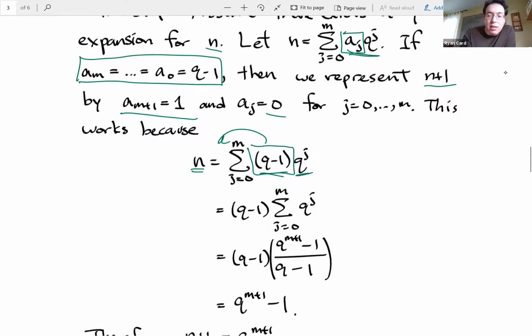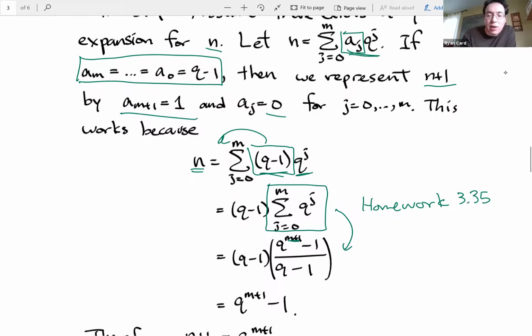And then here, I'm going to use your homework. I think this was homework problem 3.35. You prove this with induction. So if you add up all the powers of q from 0 to m, I think in the homework it was 0 to n minus 1, and then you end up with the power n.